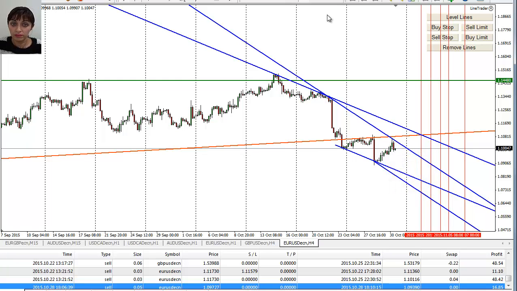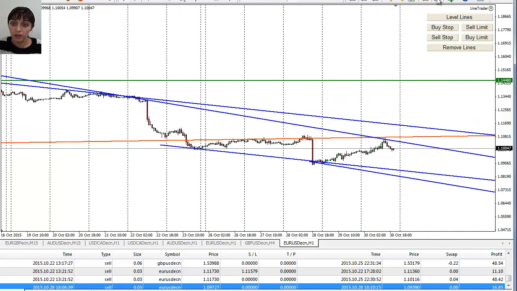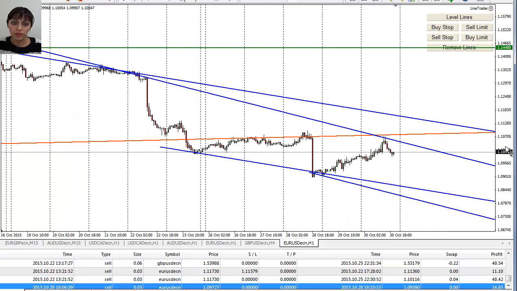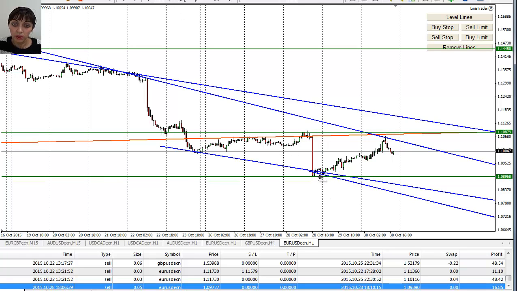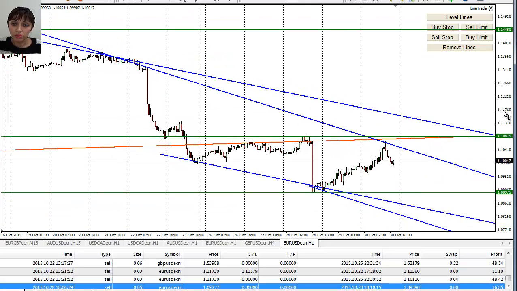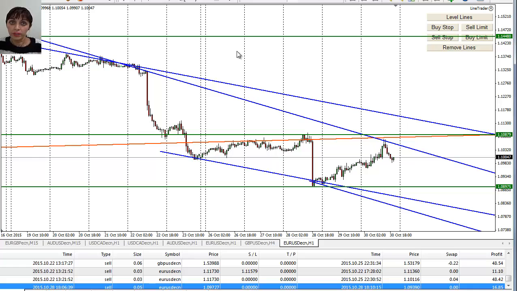So this is analyzing the previous week. What I have to do next is to point out where we have the maximum and the minimum of the previous week, maximum price and minimum price. So we would know what price range the market is moving in.